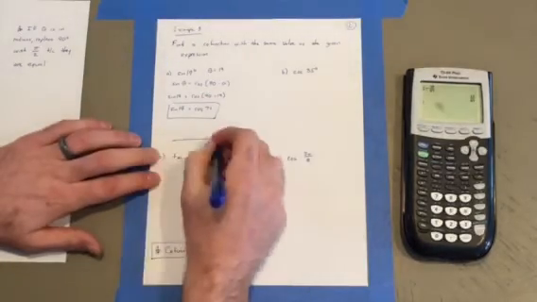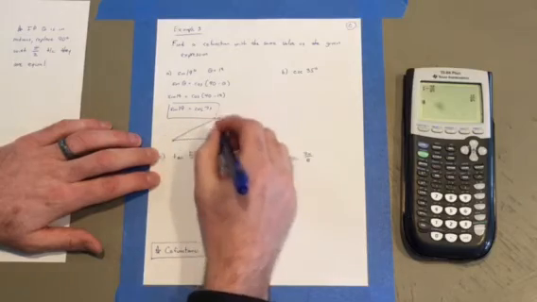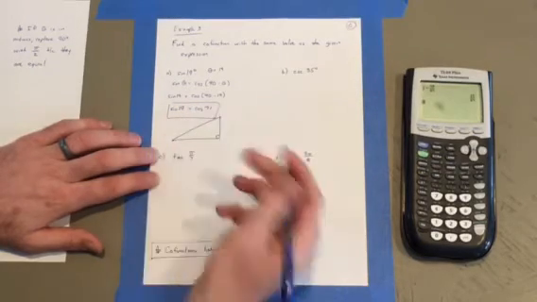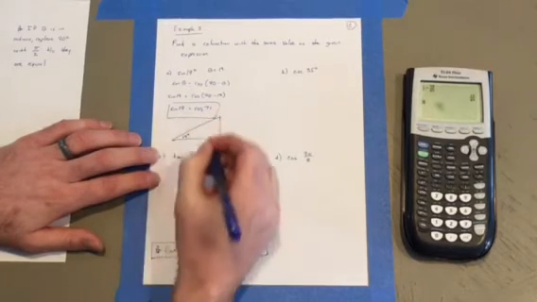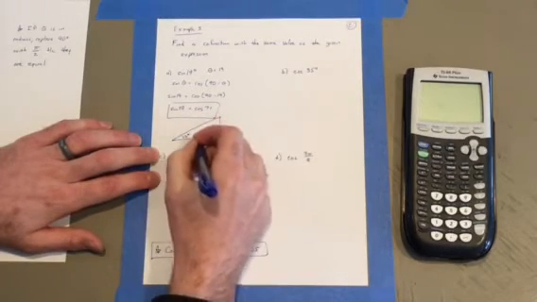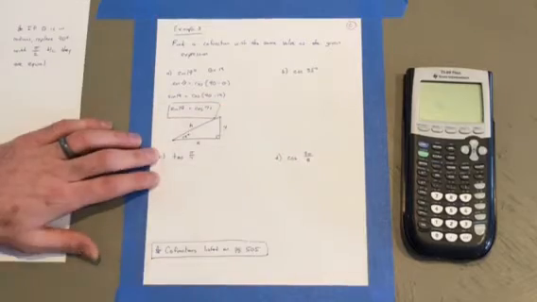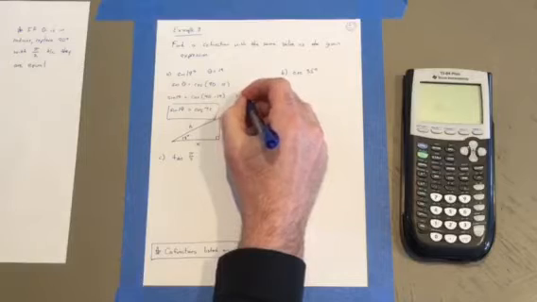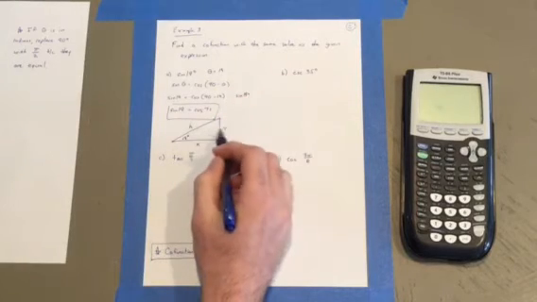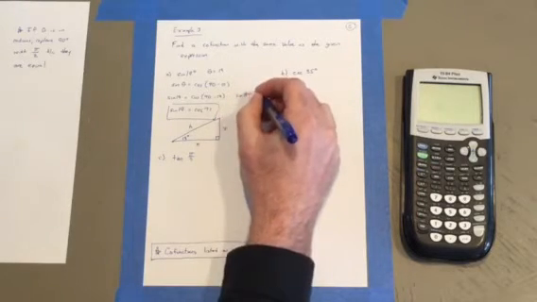Now why? Here's my right triangle and here's my 19-degree angle. If I label the sides y and x and h for hypotenuse, sine of 19 is opposite over hypotenuse, or y over h.